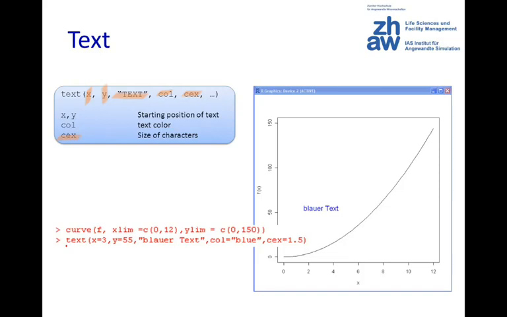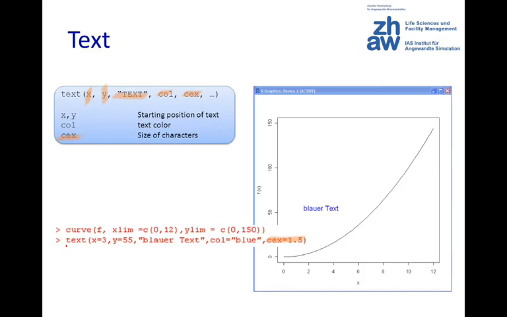So you just type cex equal to some number, and then you scale this text in accordance to the general text scaling of your plot. So cex could be 1.5. That means your text is 1.5 times bigger than the standard font used in this plot.